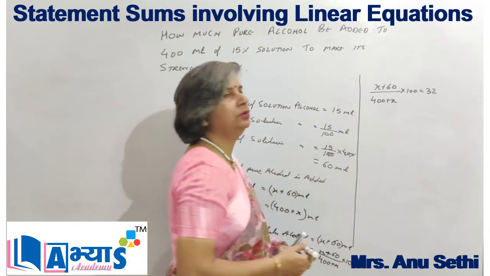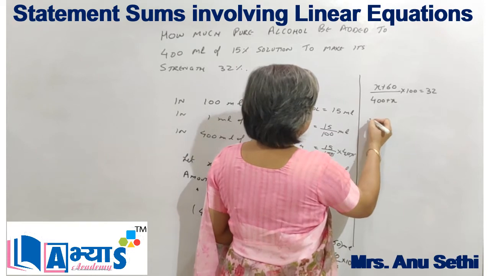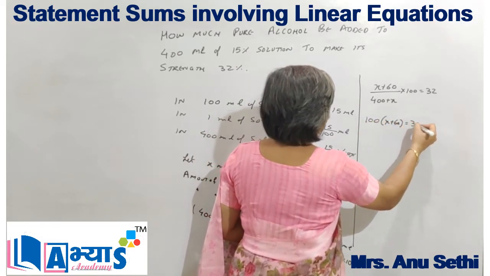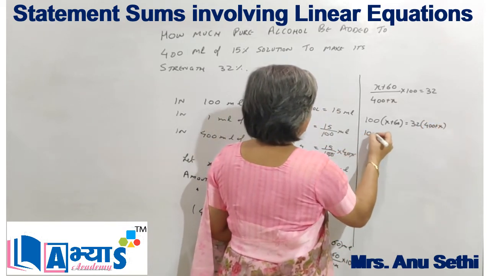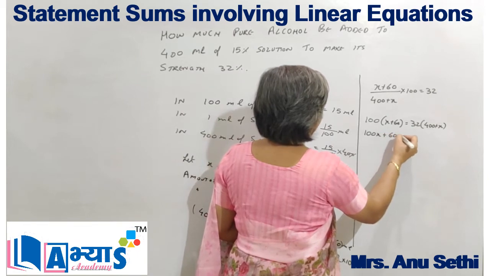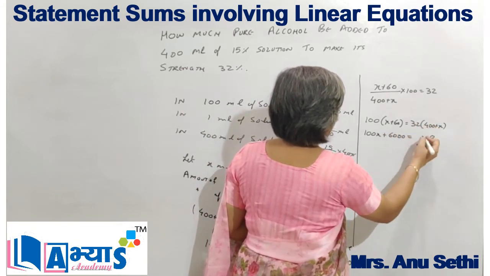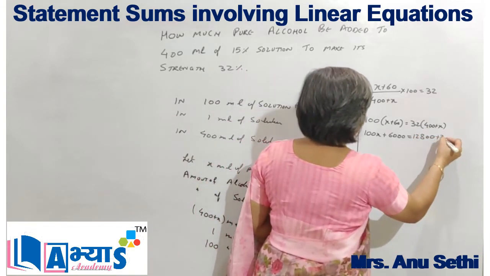Now I will try to solve it. It is a linear equation. I will use the method of cross multiplication. So we can say 100 into x plus 60 is equal to 32 into 400 plus x, or we can say 100x plus 6000 is equal to 12,800 plus 32x.